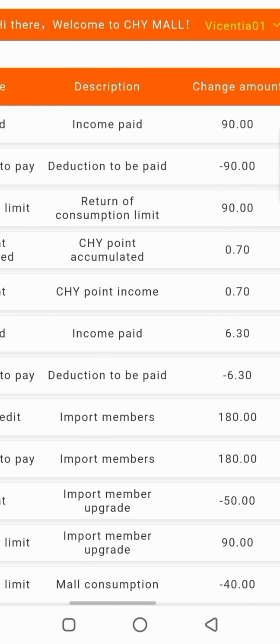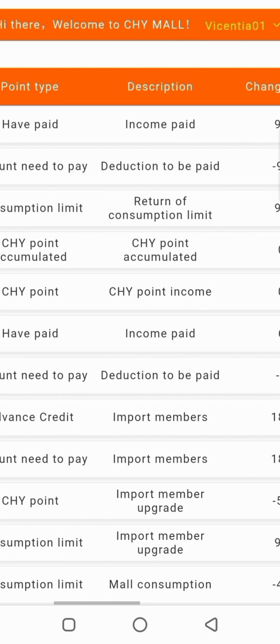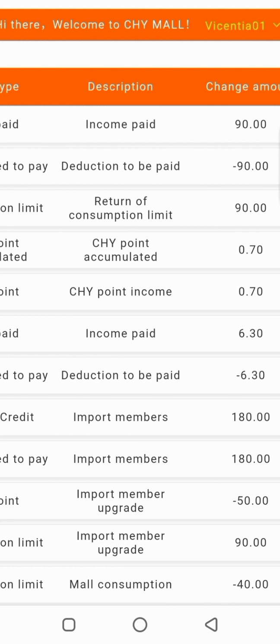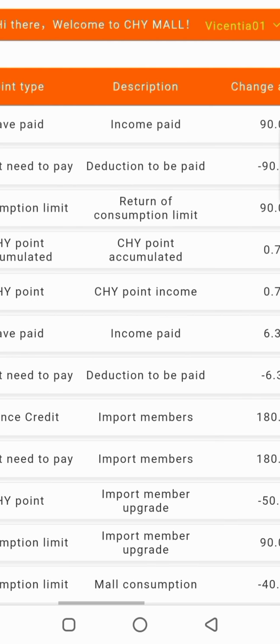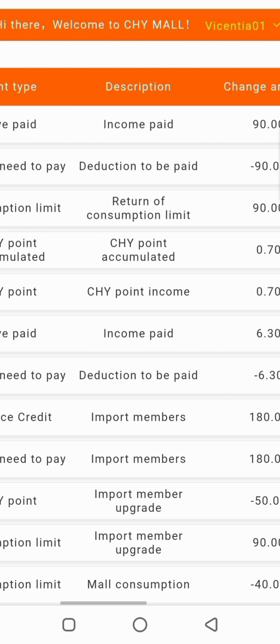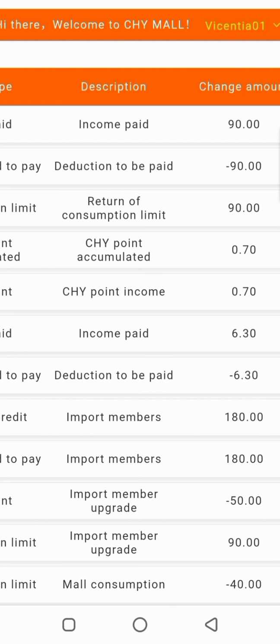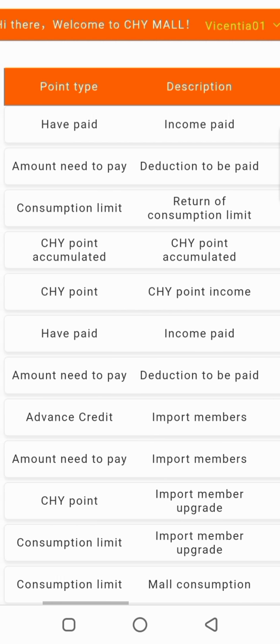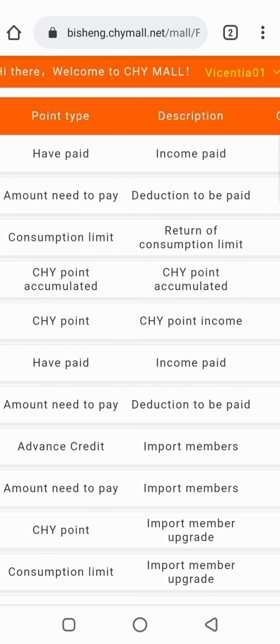I still have 180 trading capital I have to pay for, and the advanced credit 180 is the same thing, showing that the company has given me 180 points to trade. So it is this advanced credit you are going to use to trade. This time you are not going to use your CHY point to trade, you are going to use this advanced credit to trade. Now let's move to the top side.